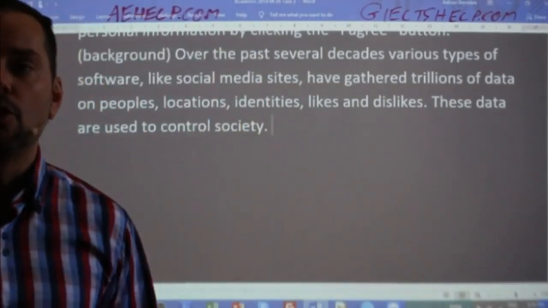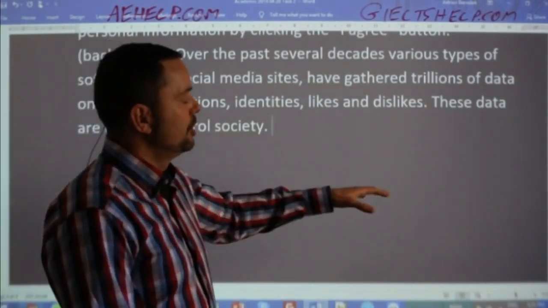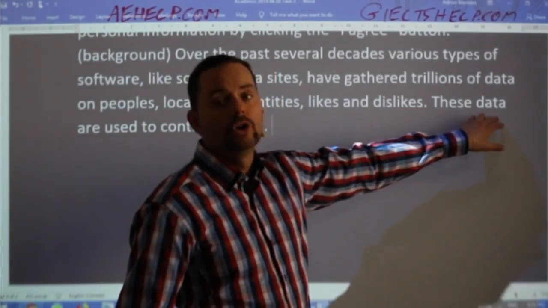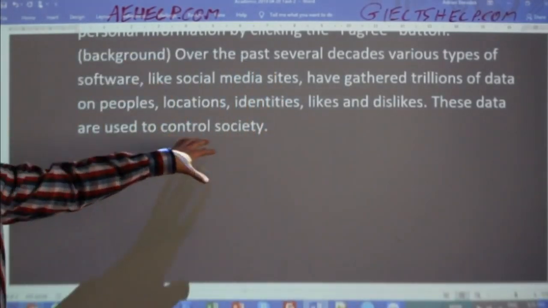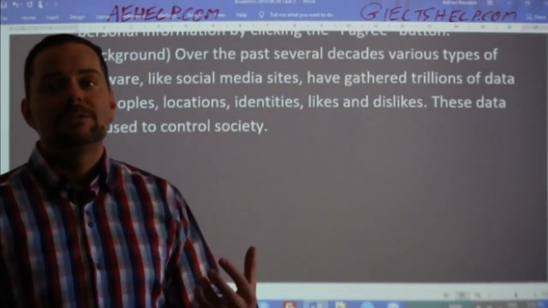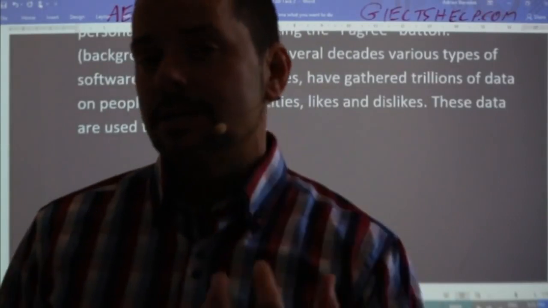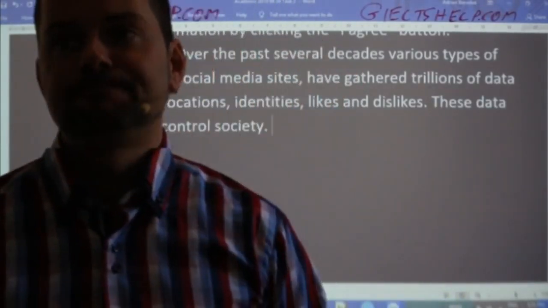What's the goal behind it? Well, to state that in very general terms, it's because these data, remember data is plural, datum is singular, okay, are used to control society. At the end of the day, that's really what's happening, is we're controlling society through the data, okay?